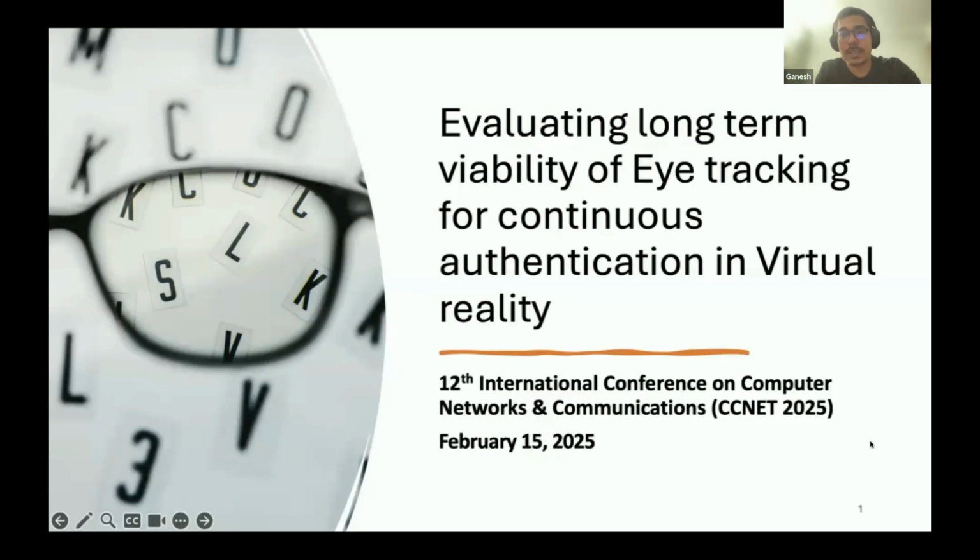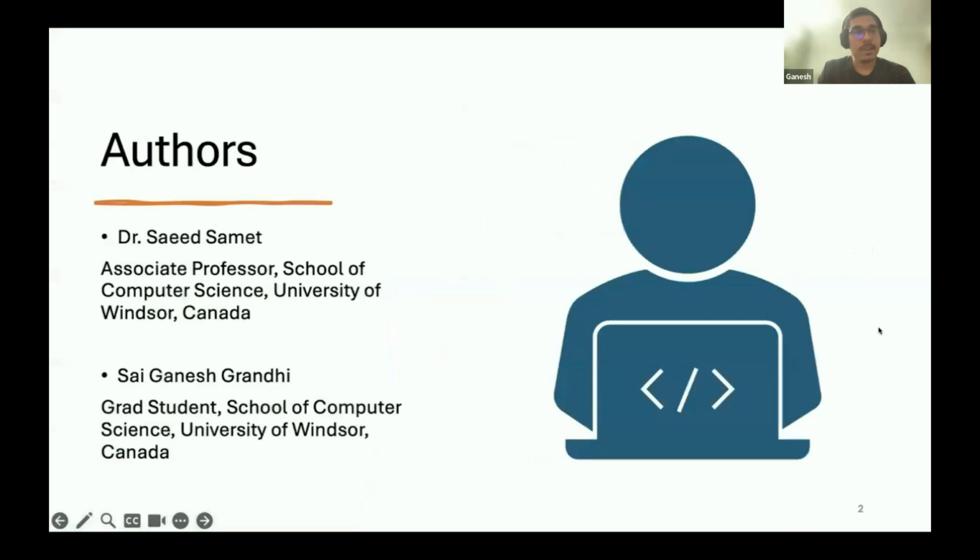Of eye tracking for continuous authentication in virtual reality. So, to talk about the authors of the paper, I'm Sai Ganesh Grandhi.